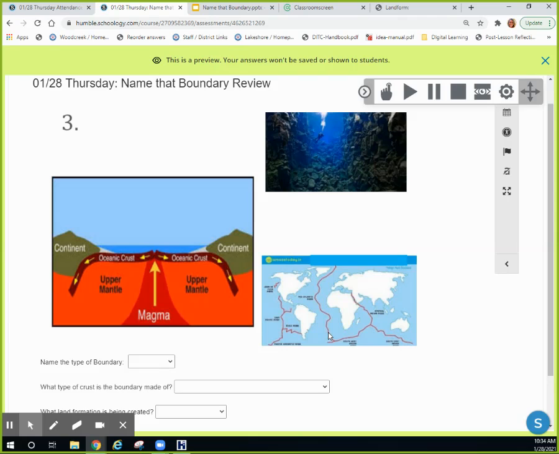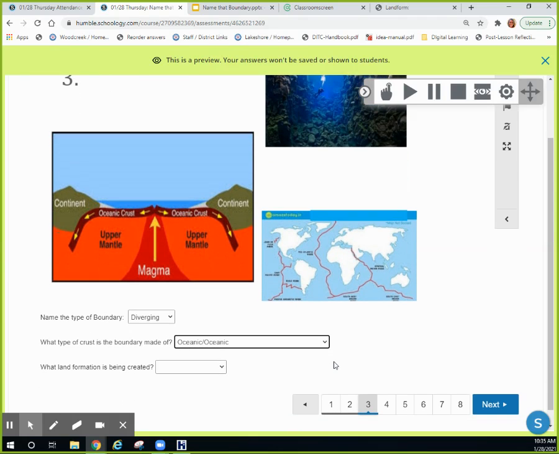So based off these observations, I see that we have a divergent boundary here because the oceanic crust arrows are pointing away from each other. And everything is underwater. So this says oceanic crust, oceanic crust. This is all underwater. And all of our red lines, minus this one random one here, are in the ocean. So I'm going to say this is oceanic, oceanic.